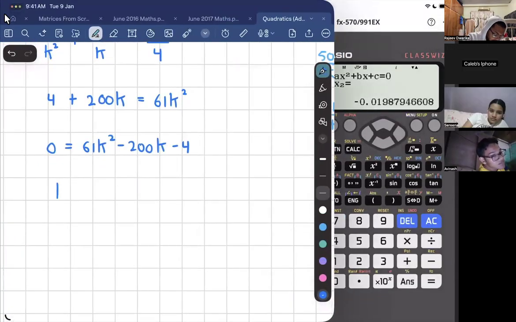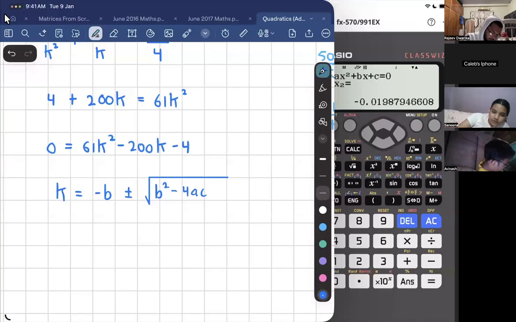Could you all tell me quickly what the quadratic formula is? Negative b plus or minus the root of b squared minus 4ac all over 2a. In this case, Avinash, where's a, b, and c?